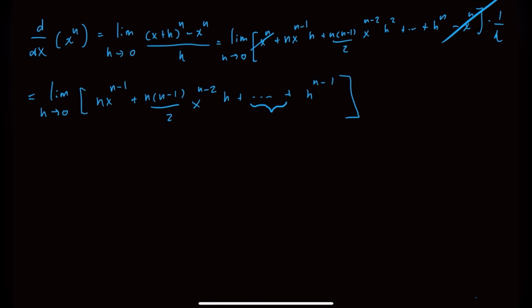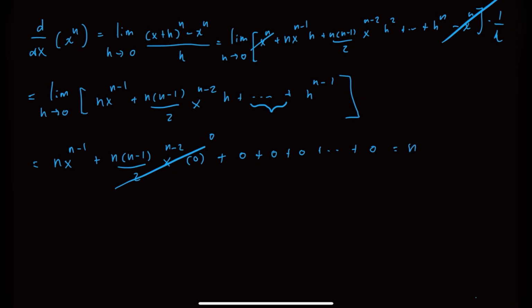So as the limit h goes to 0, we're going to have n x^(n minus 1) plus n times (n minus 1) over 2, x^(n minus 2) times 0, plus 0, plus 0, and then all the way up to 0 to the n minus 1 power, but that's also 0. And this cancels because it's multiplying by 0.